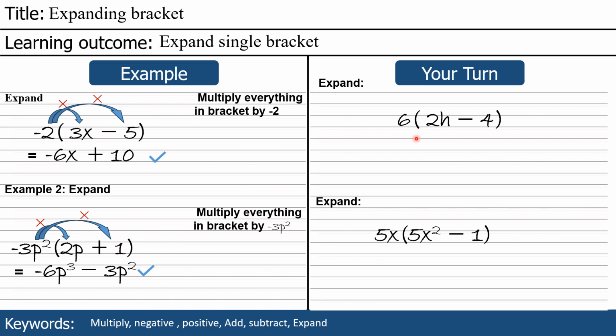Okay, let's start. So again, expand this bracket, multiply throughout this bracket. Remember, you need to multiply everything in the bracket. So 6 multiplied by 2h is 12h. And 6 multiplied by minus 4 will give you minus 24.